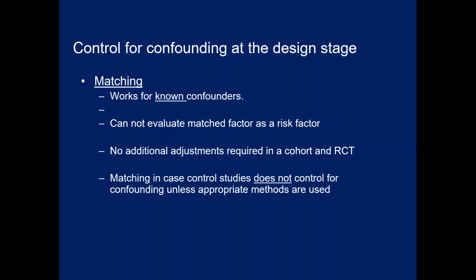It doesn't, unless you deal with it also at the analysis stage. Okay, we do delve into this more in one of our other papers, but it's important to know that in case control studies, matching is not a solution to confounding. It only really works for cohort and randomized controlled trials.